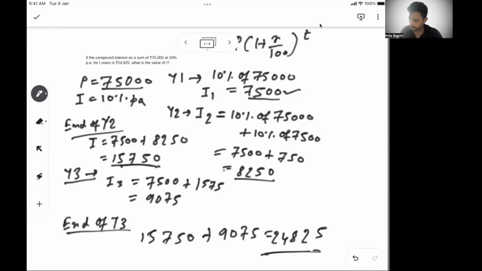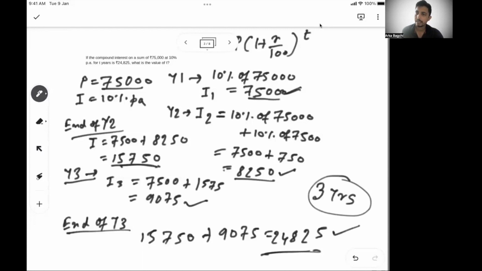So in 3 years, you should get this much interest. The first year you got 7,500, the second year 8,250, and the third year 9,075, total 24,825. We applied the very foundational concepts of compound interest and solved this problem. Okay, any doubt, anything, please feel free to drop a comment.